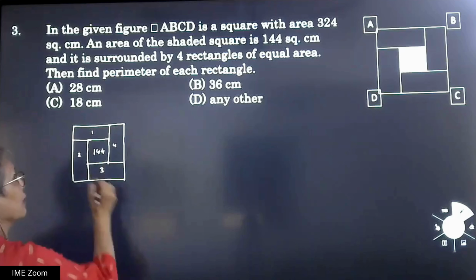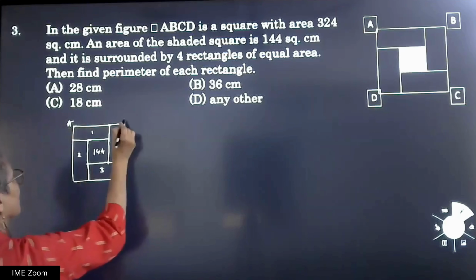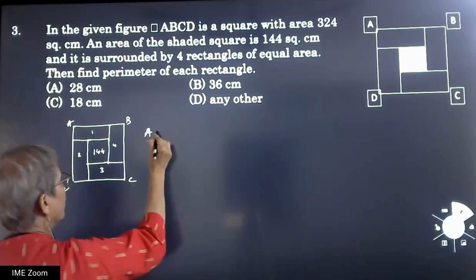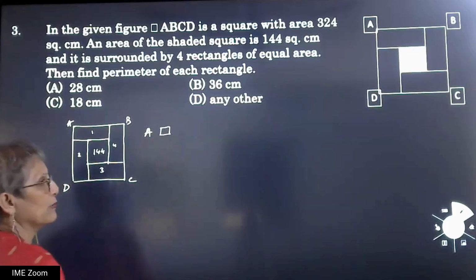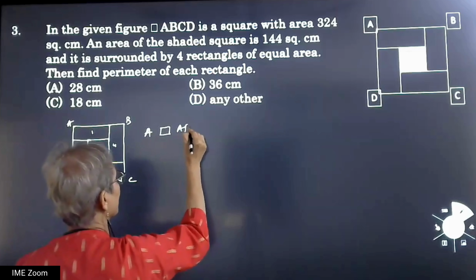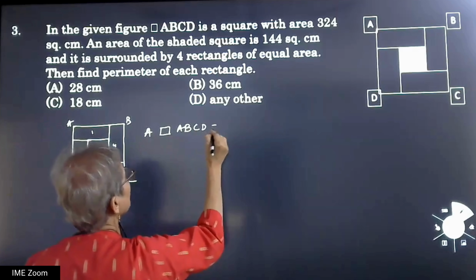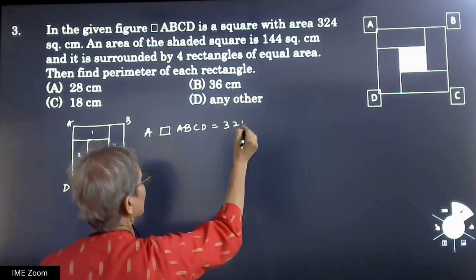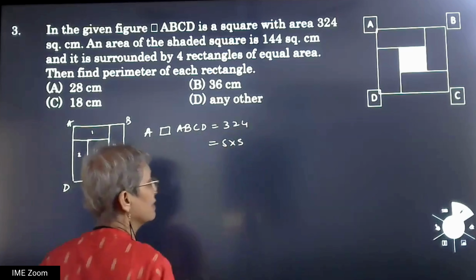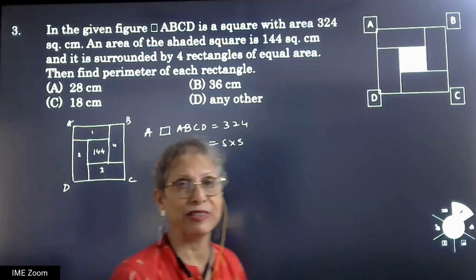Now the original square ABCD has area of square. This is the symbol of square. Area of square ABCD equal to 324. That is equal to side into side, that is side square is 324.